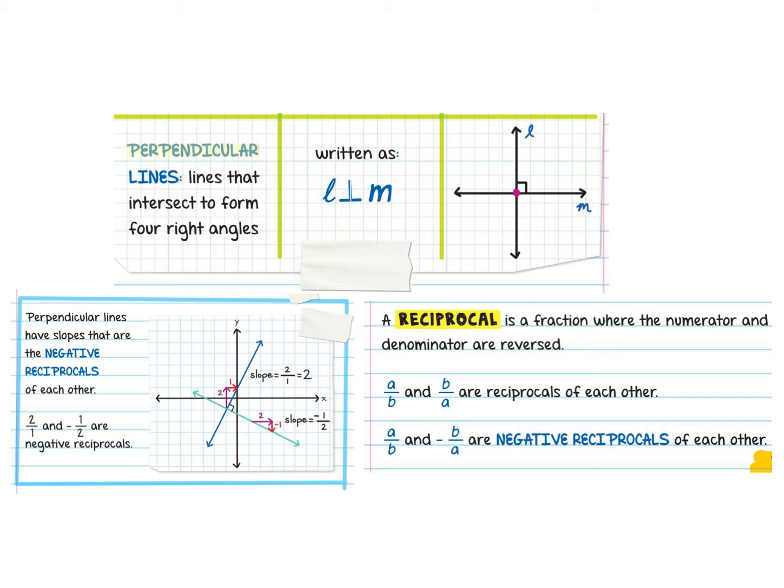For instance, if this line has a slope of 2, which is 2 over 1, then the perpendicular slope would be 1 over 2, and we change the sign and make it negative. And then they will intersect at a 90-degree angle. So we're going to change the sign and take the reciprocal. And the reciprocal is just a math word for flipping the fraction.